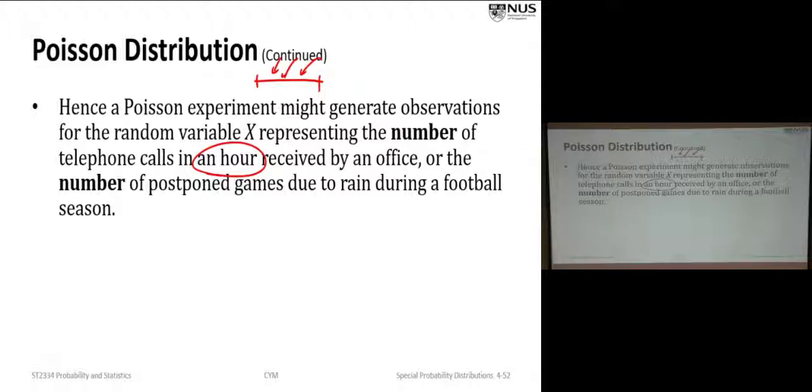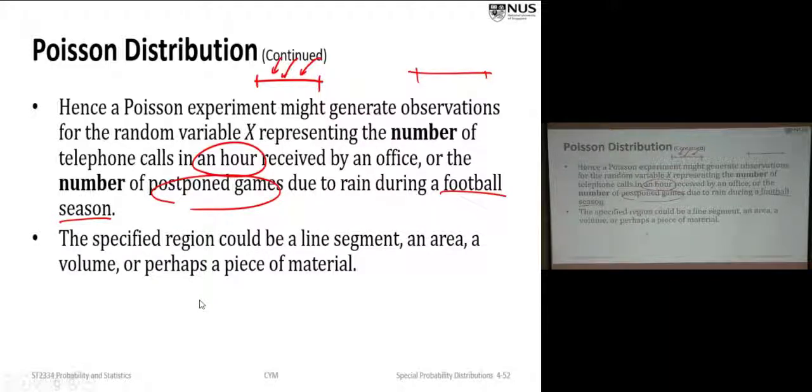Or over a football season, which may be a few months, the number of postponed games. It's not the number of games, but the number of postponed games. This is considered random, whether a game is postponed or not. So we want to know the number of postponed games over this football season.